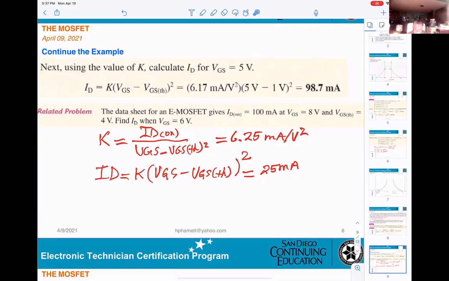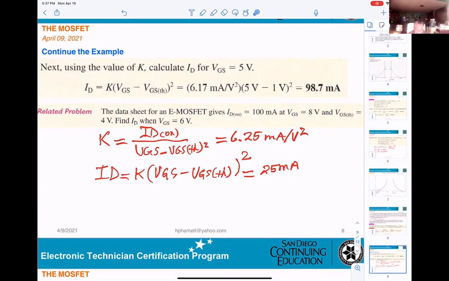VGS is 5 volt and VTH equals 1, and that's how you get 98.7 milliamp. The volt square and the volt square cancel out.